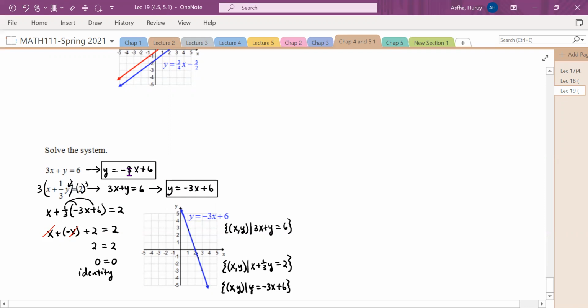They have the same slope, they have the same y-intercept, and the graphs of these two equations will exactly overlap, right?